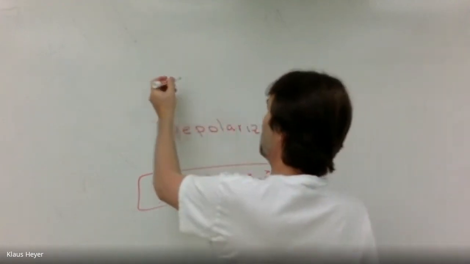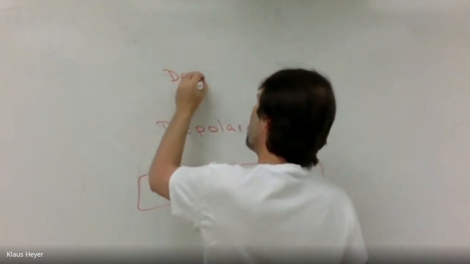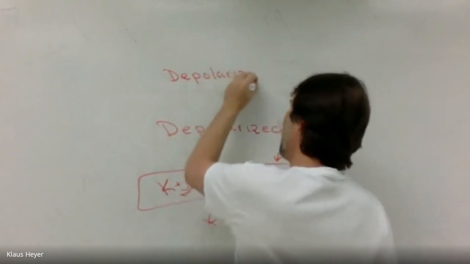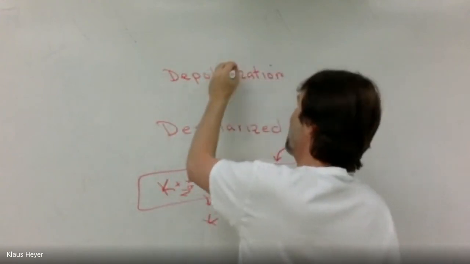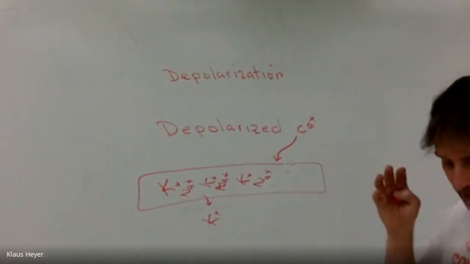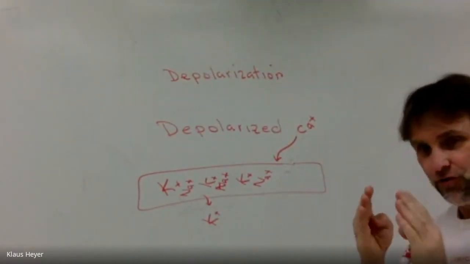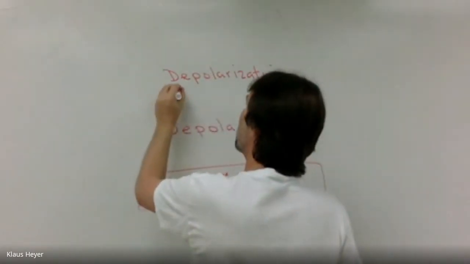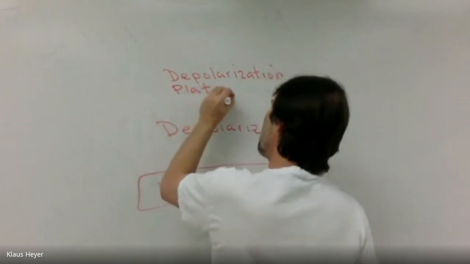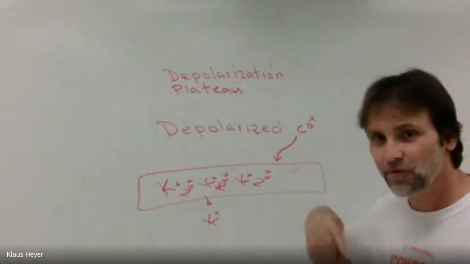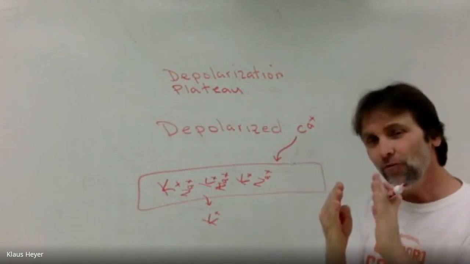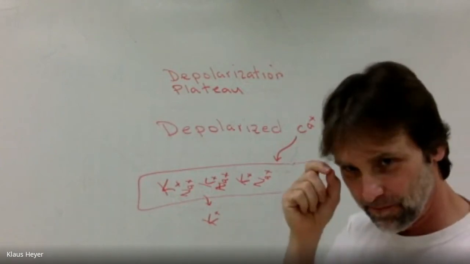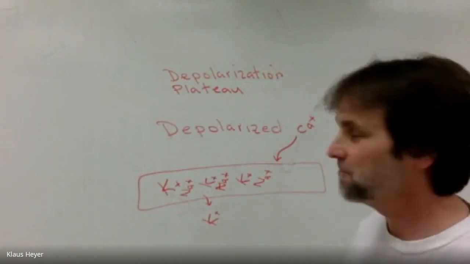So there's depolarization. It kind of happens in 3 stages. That's going to make the muscle contract. Then there's a plateau. The plateau period is when calcium's starting to trickle in, just to hold that contraction for a brief fraction of a second, right?